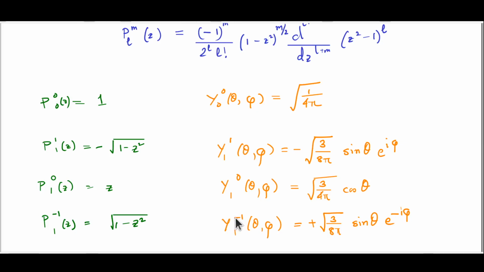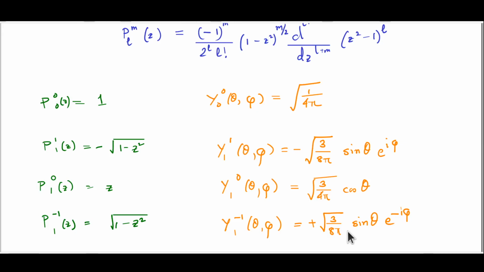Y1 minus 1, well, I didn't really have to list this because I have just told you Y1 minus 1 can be found from Y11 just by taking a complex conjugate and changing the sign because m is odd. So that's how these two things are related. For L equal to 2, I will just list the values for m equal to plus 2, plus 1 and 0.